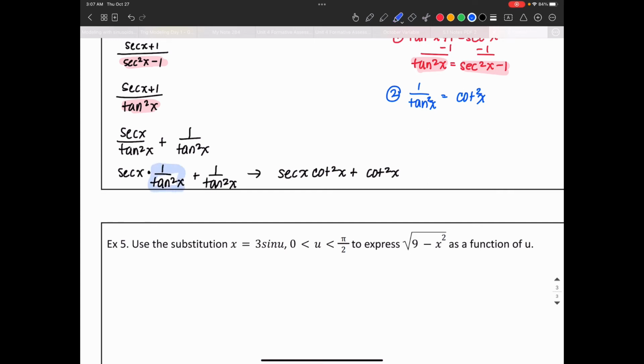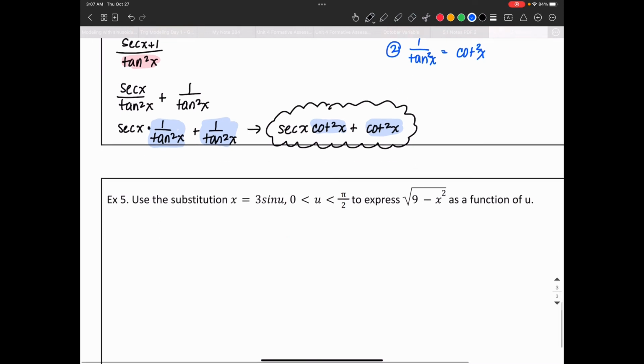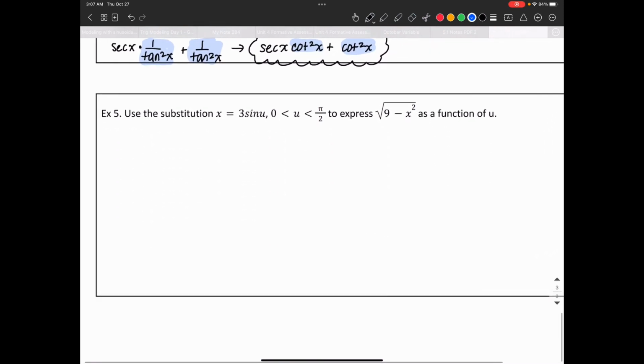So I just changed 1 over tangent squared of x to be cotangent squared of x for both of those things. You cannot get any simpler than this. You can try, but you wouldn't get any simpler than this. So that's our answer.